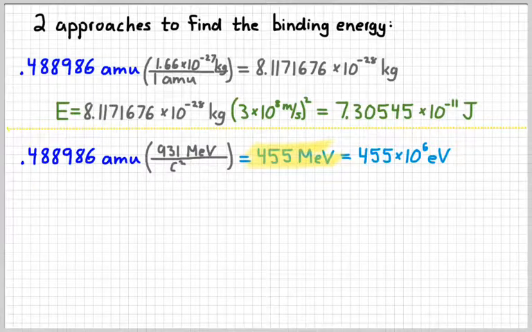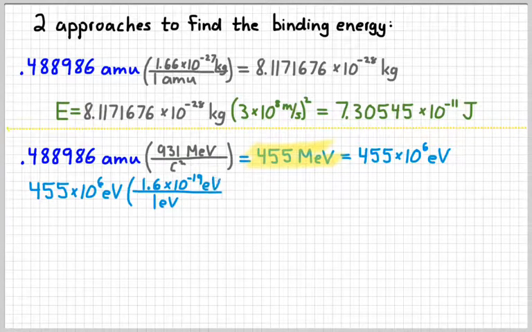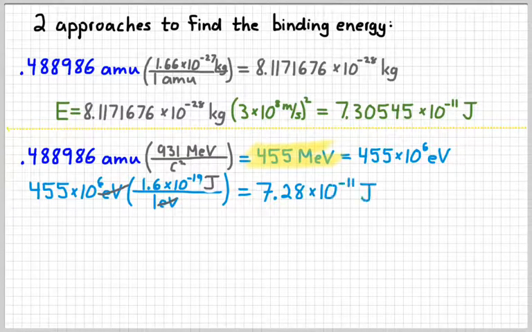But to show you that it's the same, let's go ahead and convert that to joules. So again, there's 1.6 times 10 to the negative 19 joules in an electron volt. Hang on, I kind of wrote that backwards a little bit. Fix that real quick. And so the eVs would cancel out, and we would get a number like this.